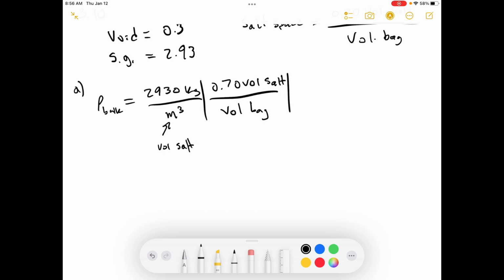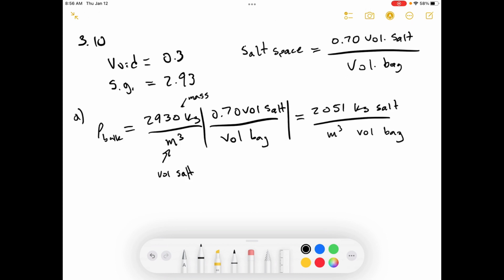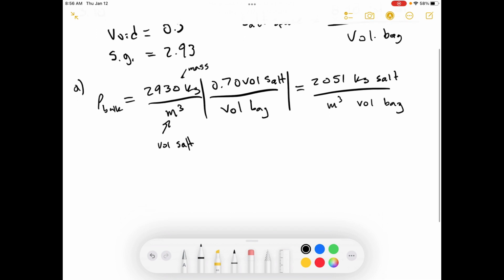These volumes of salt will cancel out and we'll be left with mass of salt per volume of bag, so kilograms of salt per volume of bag. That is the density in the bag.